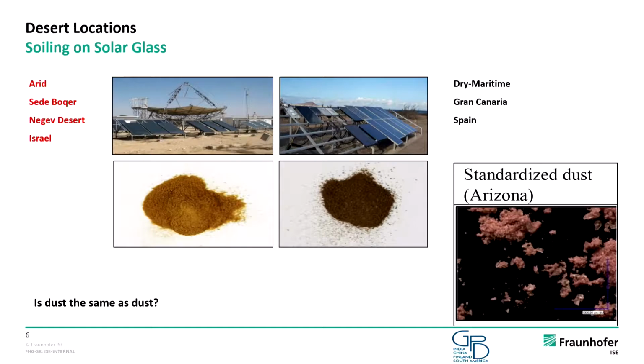Now to our actual topic, which is desert locations and why soiling is of so much interest there. Of course, you have different locations, and here I want to tell you about two examples. First is our arid Israel location. The second, which is in fact also really dry, is Gran Canaria, which is located next to Morocco on the west coast of Africa, really dry, really windy.